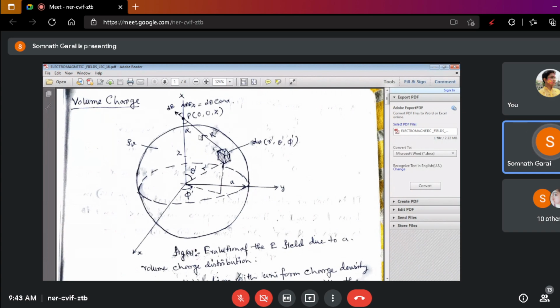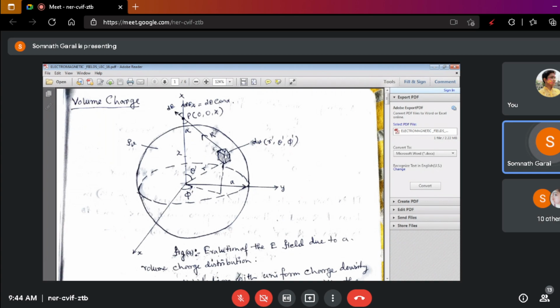If we take a straight line from this point to the volume dv, it is represented by a vector, capital R.